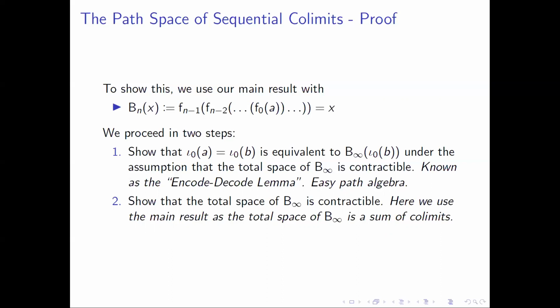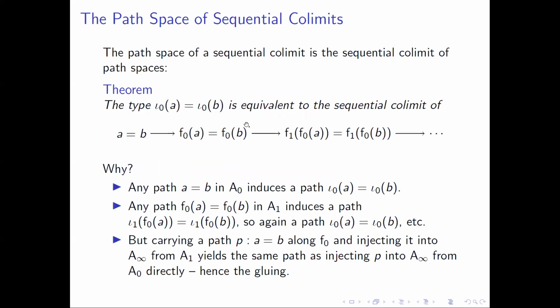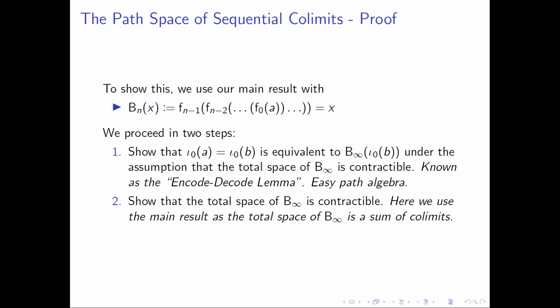And since we very cleverly defined B in a way that makes this exactly what we want, the fiber of B-infinity over the injection of b is going to be precisely the colimit of a diagram like this that we had in the theorem.